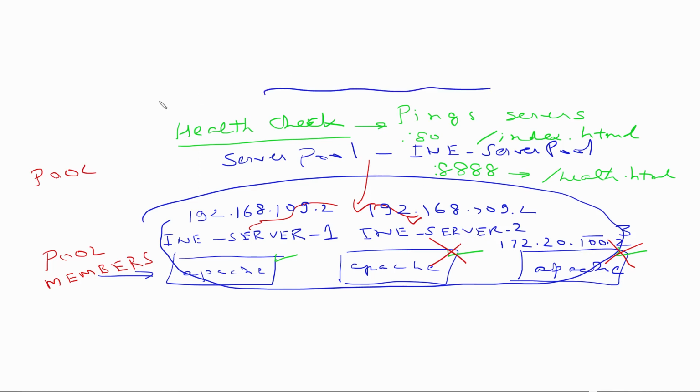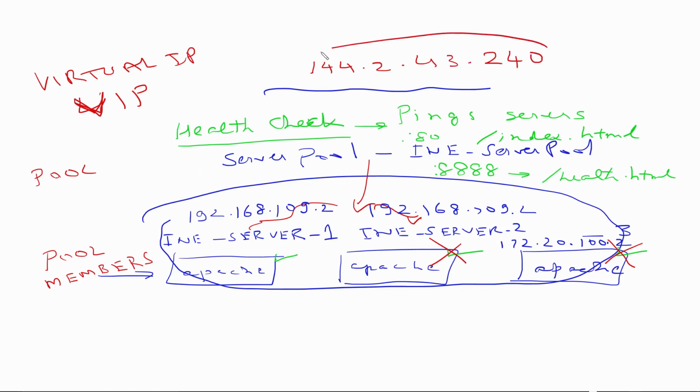What happens up at the top is, once you have the pool, you set up the virtual IP. It's called a VIP. In our case the VIP is an external address that can be reached from the internet, and I have specified this as our VIP.